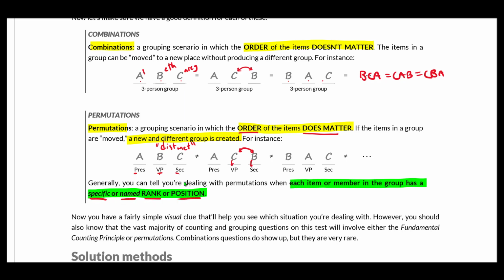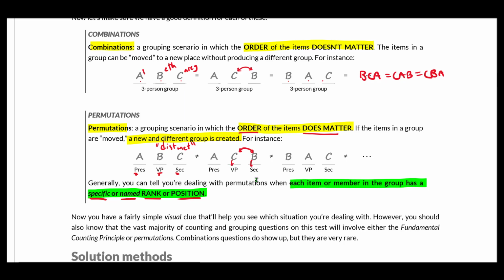So in the case of the permutations question above, 5b, that we just looked at, we are told that there is a specific named rank or position for each person on the student council. There is a president, there is a vice president, and there is a secretary. That is a dead giveaway that you are dealing with a permutations question and not a combinations question. So that's your visual clue. That's the clue that will tell you whether you are dealing with a permutations question or a combinations question.